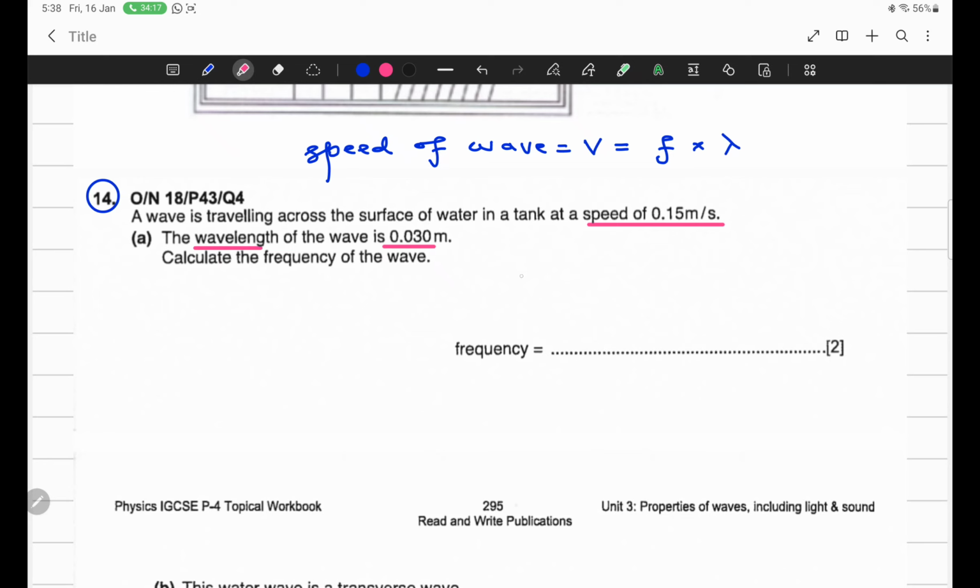Speed is 0.15, wavelength is 0.030, and we have to calculate frequency. If you divide 0.15 by 0.030, then what is the frequency, Navia?